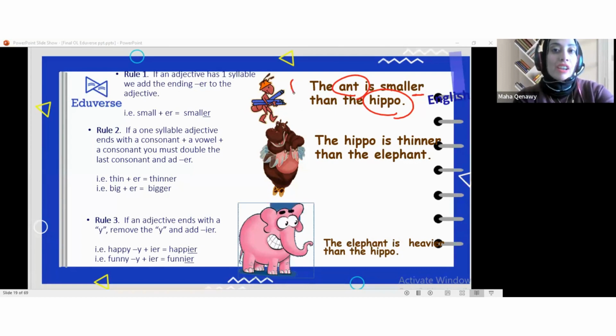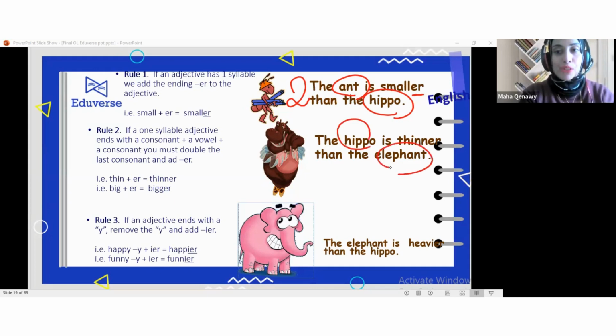In a comparative adjective, I compare two things, remember, two things only, to each other. The hippo is thinner than the elephant, though both of them are fat and heavy, but we can compare them. The elephant is heavier than the hippo.